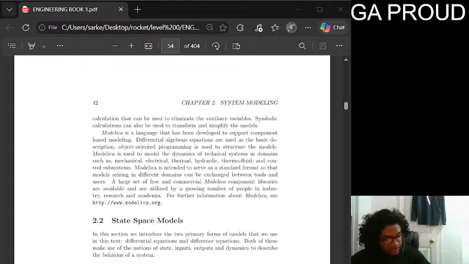I have a question here. What do you mean by physical rocket into mathematical state vector?